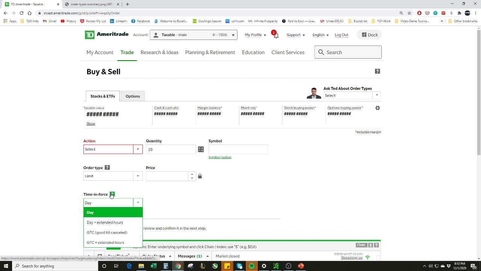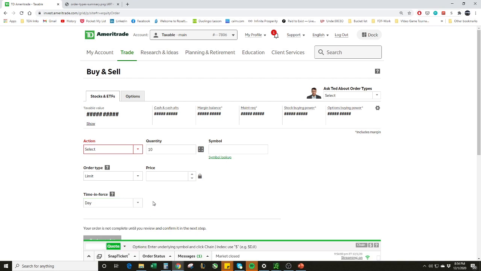Again, there's a question mark here to help explain it. Simply, by default, most orders go for only market hours. And if you want to trade after hours, which is a viable option, the stock market's actually open for several hours before and after the normal market hour range. But you need to tell the system, hey, I want this order not to wait until tomorrow's market.